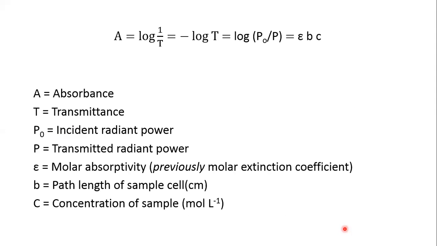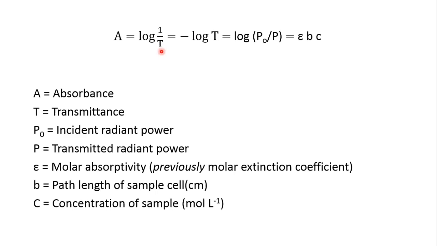Beer's law states that absorbance is equal to molar absorptivity times path length times concentration. Absorbance is also written as log 1 upon T, where T represents the transmittance.